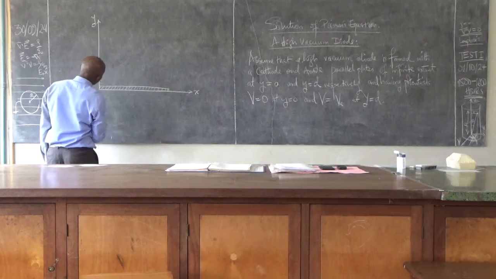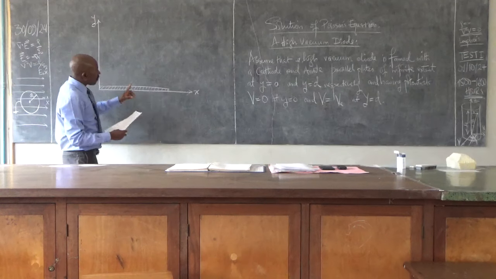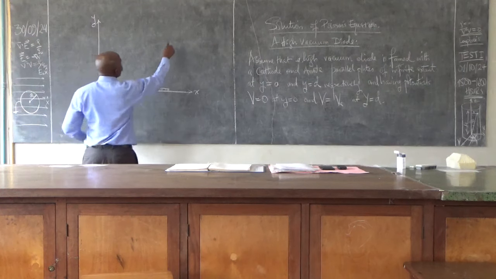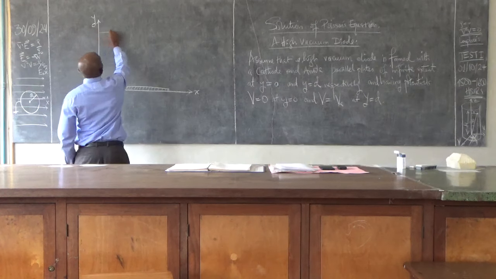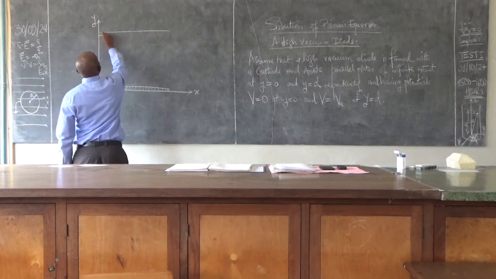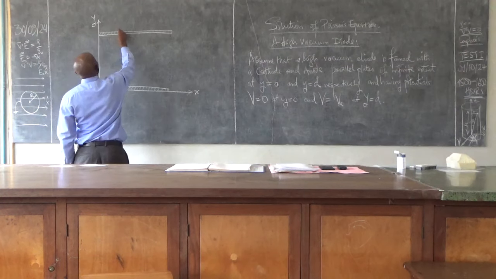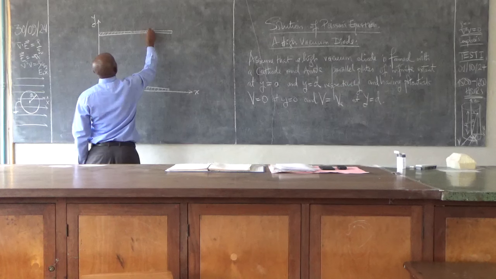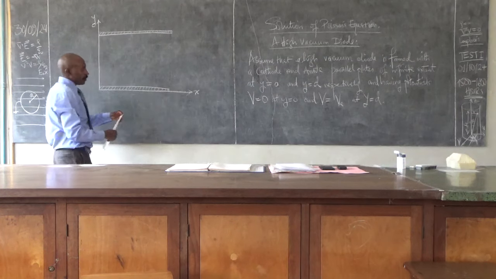At y equal to 0, we have the plate there, and then at y equal to d, somewhere here, we have another plate. I'm not going to draw them in 3 dimensions, just in two dimensions.